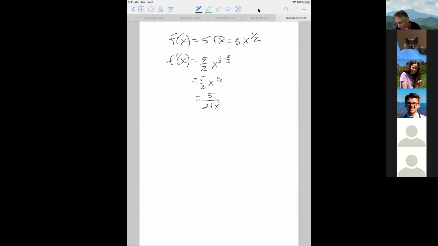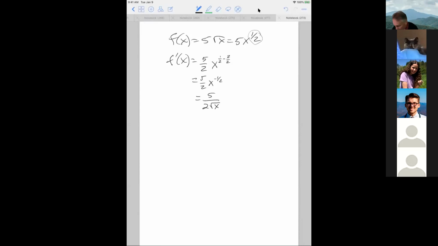So this fraction of 1/2 was less than 1, and when you take the derivative, it took the radical into the denominator. As a result, x could be 0 in the original function, but it can't be 0 in the derivative. But that fits the definition of being a critical number, okay? It's a critical number because the first derivative is undefined there, even though it's a value that is in the domain of the function.